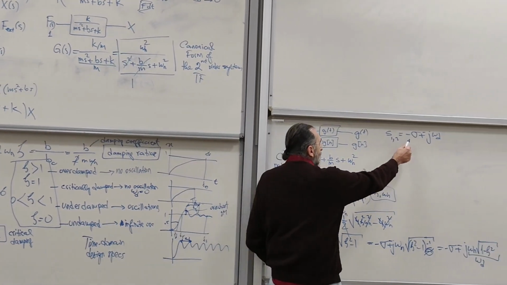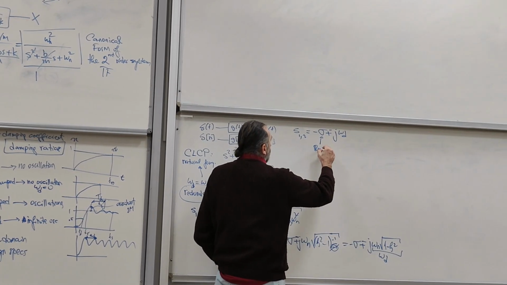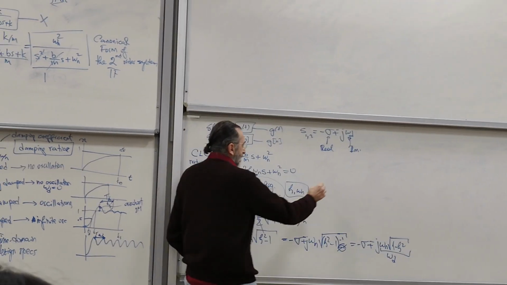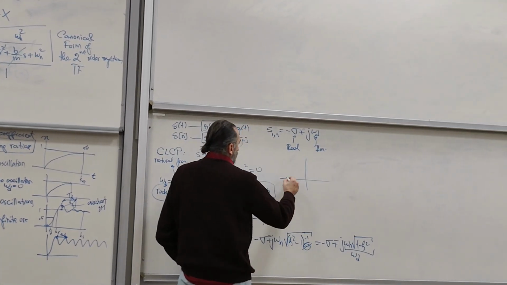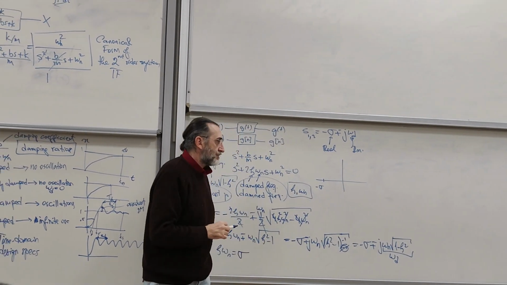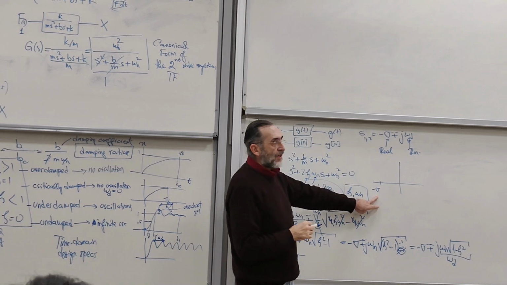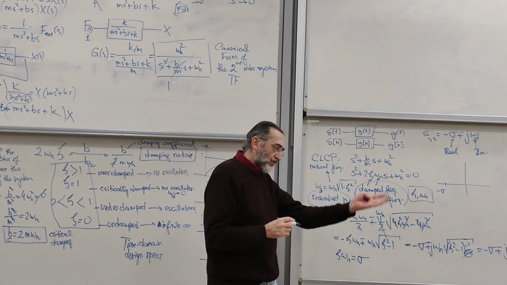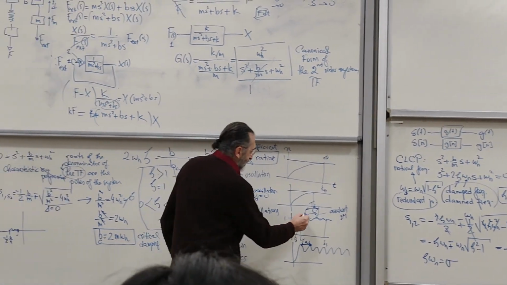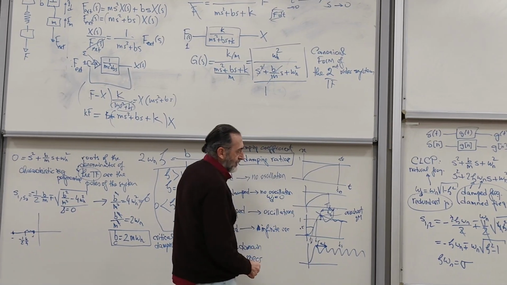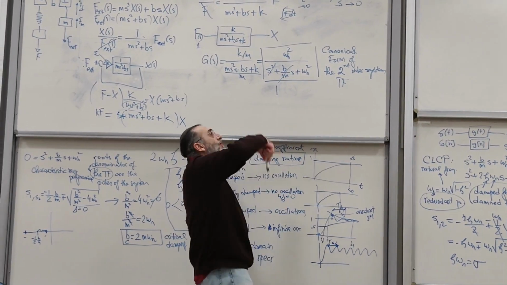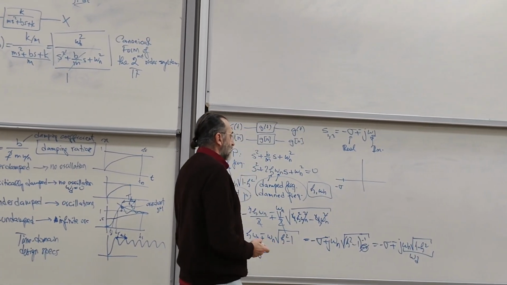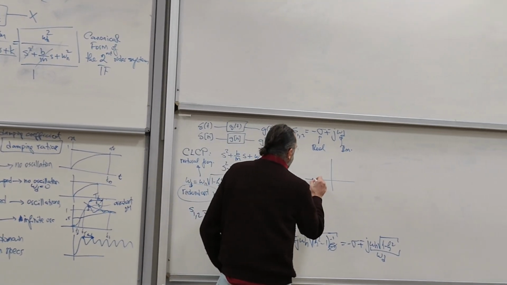So now sigma, which is the real part of S, and omega d, which is the imaginary part of S, can be plotted in the S plane as minus sigma, which is good, because that's going to be in the exponent, and it's going to make the whole thing go down. Otherwise, it's going to just go up and up and up. It's going to blow up the building. And of course, that's not good.